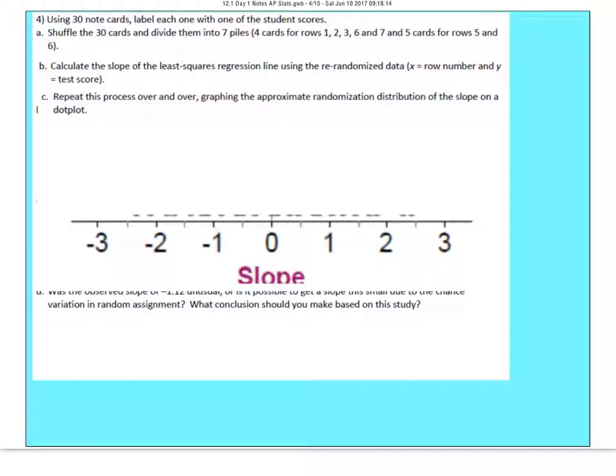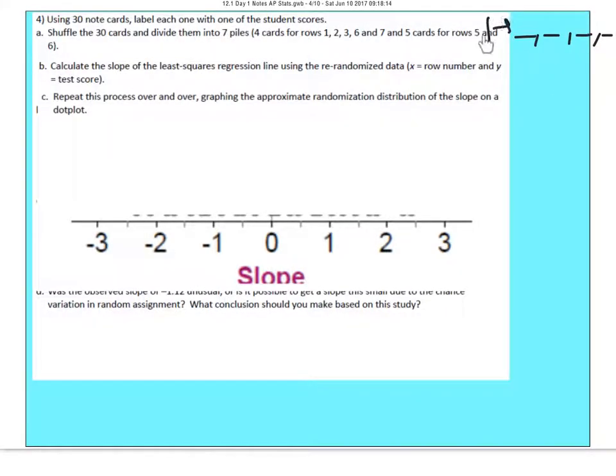Based on that, we would then calculate the slope of the least squares regression line using that data. Basically, we would go through as we lay these cards out. Again, for row 1, for example, we would lay out the 4 cards that would show up. And then we would plot all 4 of these ordered pairs, and do the same thing for row 2, row 3, and so forth.